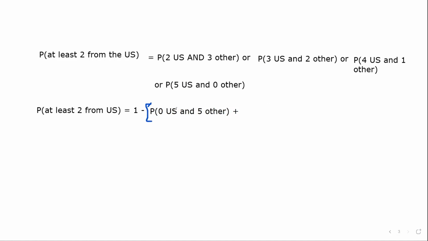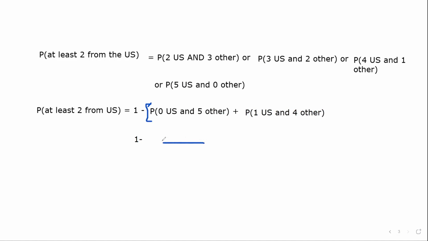So 0 from the US and 5 other, and also the probability of 1 US and 4 other. Okay. So now this means we're going to have two fractions that we're going to have to put together. So 1 minus, now let's work this out.